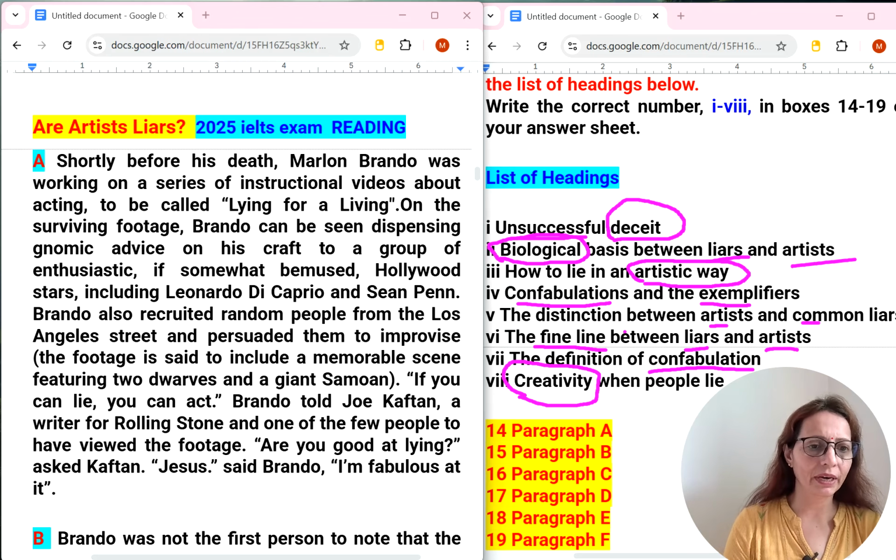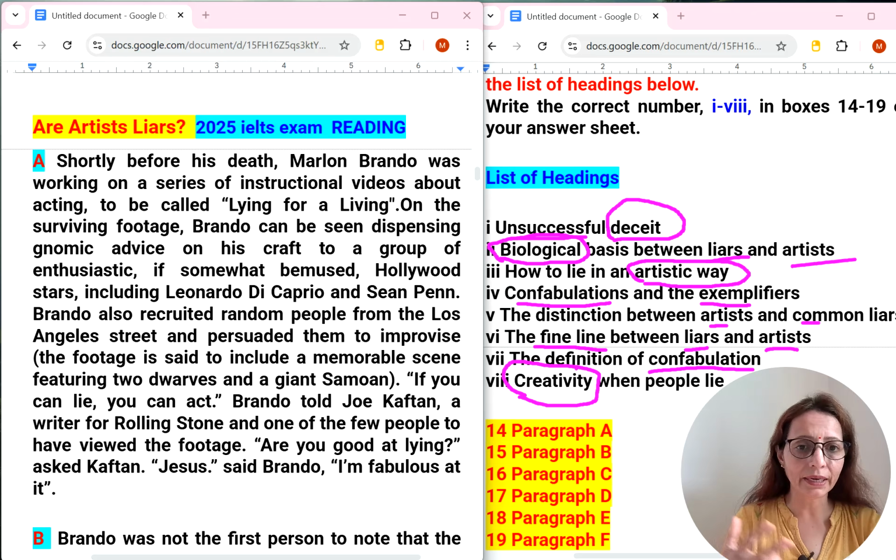I have read all eight options. I have understood the meaning of these headings, and I have taken out one or two keywords from each heading. You can see all eight headings have different kinds of keywords I have selected. That is the secret to getting correct answers for list of headings.